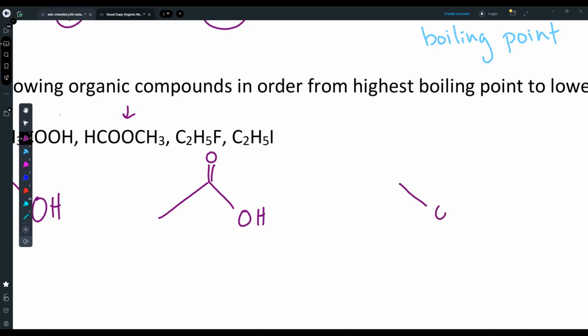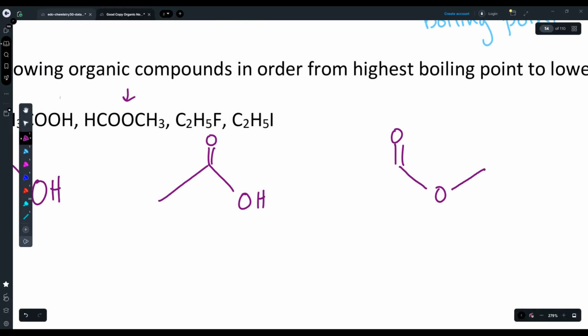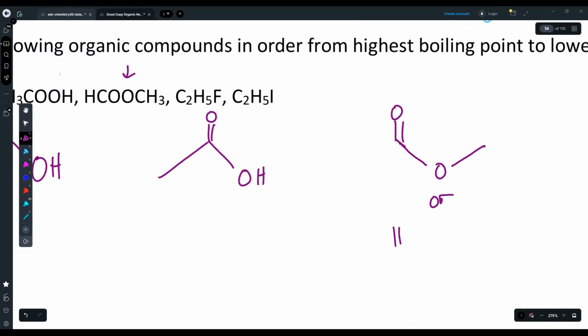You can either draw it like this, or since that's a little bit tricky to see what's going on here, you could draw it, hang on, okay, that hydrogen right there, like that.